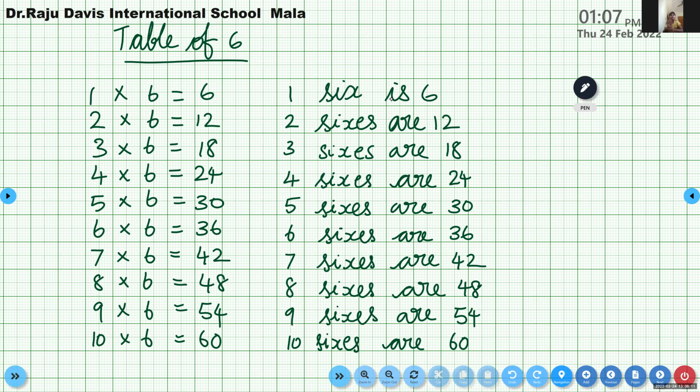I can't hear. Louder, Nakshatra, louder. Very good. You have a good voice.